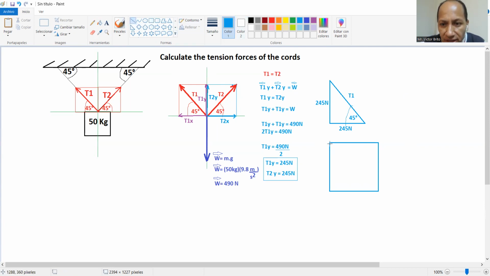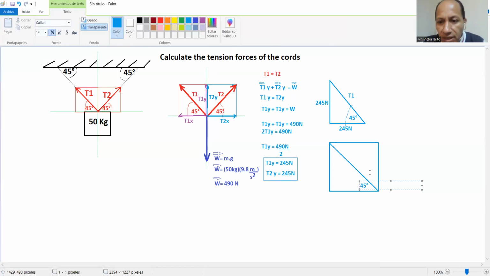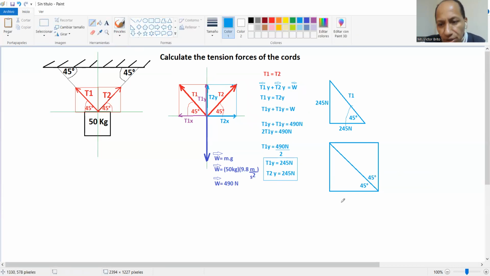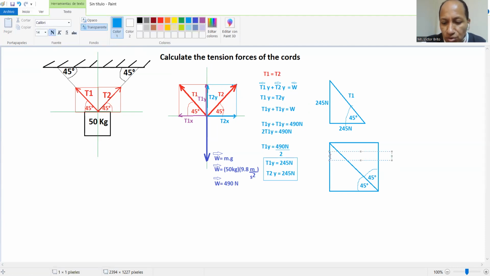If the diagonal is drawn like this and it is perfectly drawn, then this is 45 degrees. That means this is also 45 degrees. And this happens only in perfect squares, right? So 45 plus 45 is 90. If that is correct, that means this is also 45 degrees, and this is also 45 degrees.